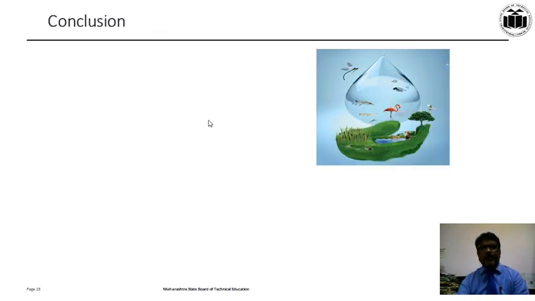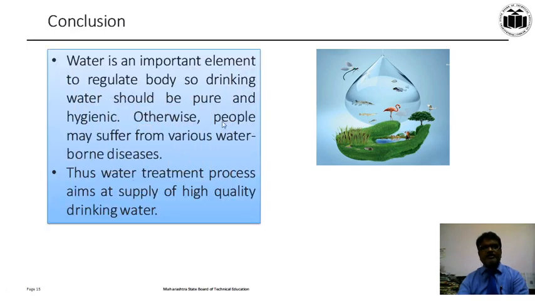Now today's conclusion is water is a very important element to regulate the body. So drinking water should be pure and hygienic. Otherwise, people may suffer from various waterborne diseases.